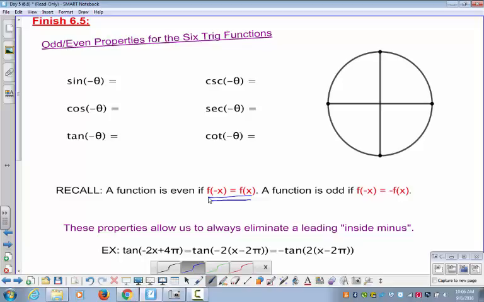And the idea behind this mathematical statement right here, if you imagine the origin, if you go to the left and to the right, the same distance, the y values match. That's what it means to be even. You're going to be symmetric about the y-axis. If you go left and right from the origin, the same amount, and that's what they're indicating here by having an x and a negative x, they're indicating that you're going 5 and negative 5, or 10 and negative 10.